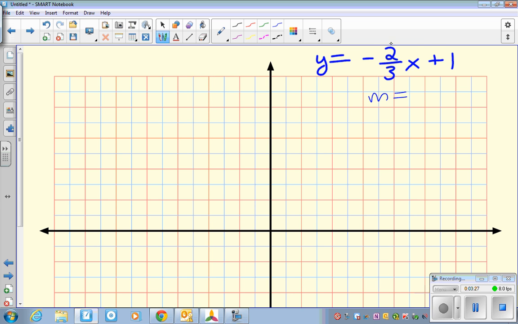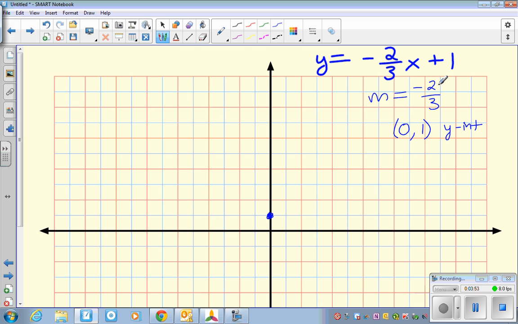So we see an x, here's that negative 2/3, so that's my slope, negative 2/3, or negative 2 over 3. This plus 1 is my y-intercept, so I have the point 0, comma 1. That's my y-intercept. So if you remember, we're always going to start at our y-intercept, so go up to 0, 1. And then we're going to use our slope, negative 2/3.